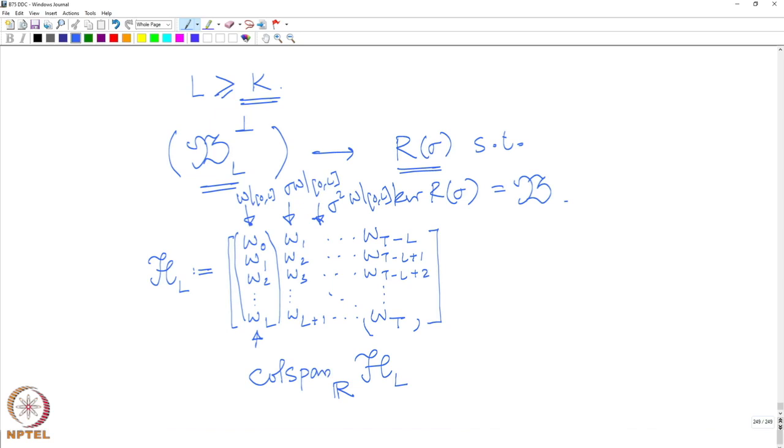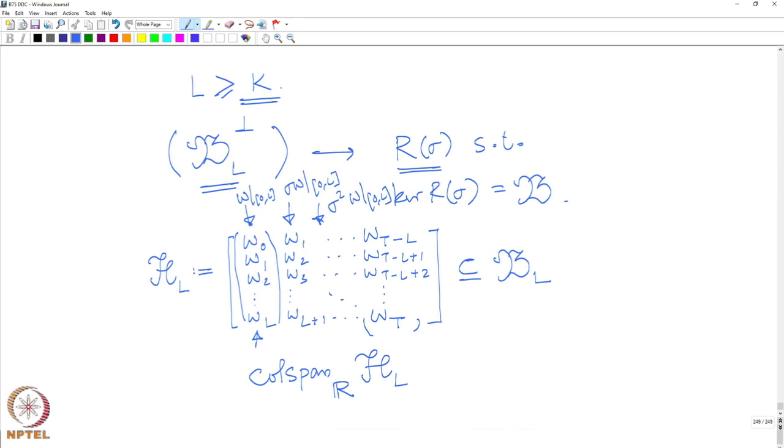So, I have a few trajectories from the behavior, and I am looking at their linear combinations. They are restricted versions from 0 to L, which means that this must of course be a subspace of BL, isn't it?